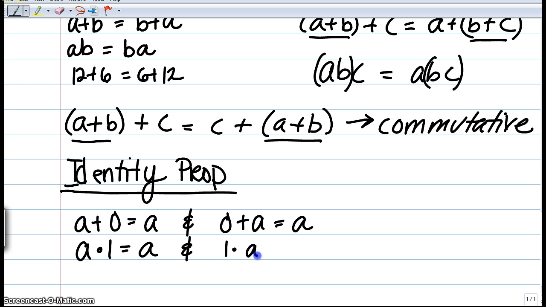So A times 1 or 1 times A, you still get A. So like 5 times 1 is 5, 6 times 1 is 6. Either way, when you multiply by a 1, you still get the same answer, or if you add 0, you still get the same answer. So that's identity property.